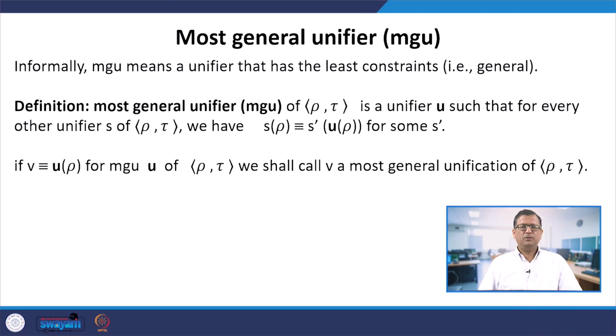Okay, now we are going to discuss the most general unifier, also written m.g.u. Informally, the most general unifier means a unifier that has the least constraints, that is, it is general.